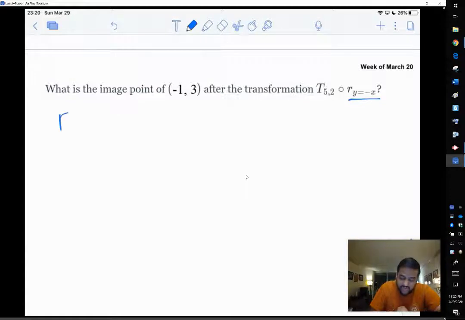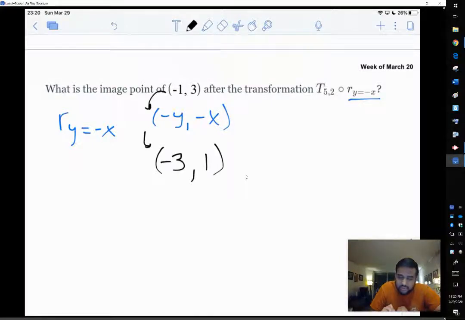So starting with that, the rule for a y equals negative x reflection, so this is a reflection, not a rotation, is swap the coordinates and make them negative. So if we take the given coordinates and plug them in, swapping the coordinates would be negative 3, 1. So if you look carefully, I swapped them and made them their opposite sign.